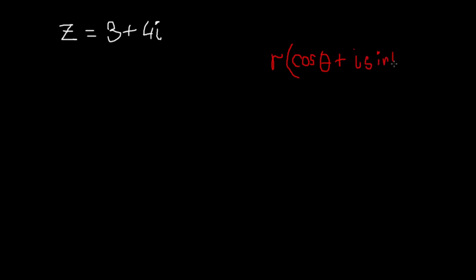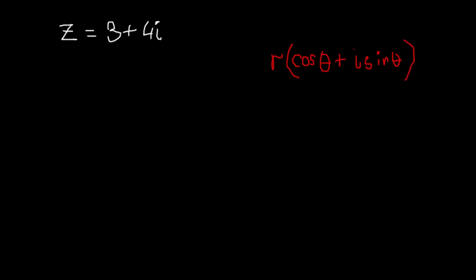All right, let's say an example: 3 plus 4i. Convert this to polar form. And we know that in polar form, it should be in terms of r and theta. r times cosine theta plus i sine theta.